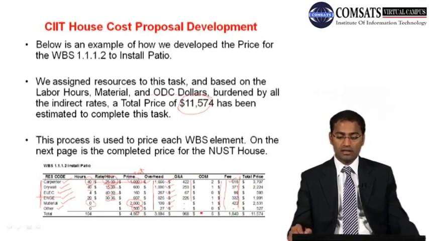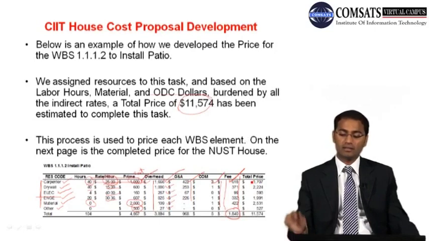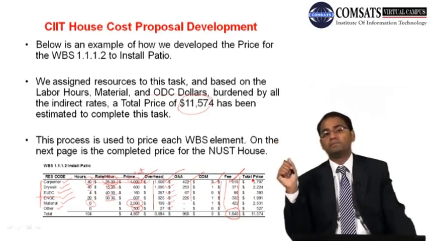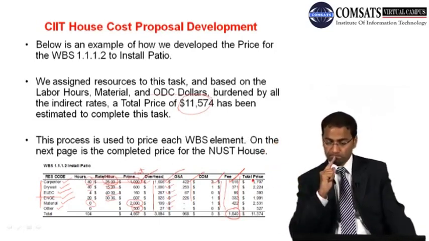So this is the total fee, and now total price is where you add all the parameters over there. So this and this and this and this, you add all these different things, and then you get total price.